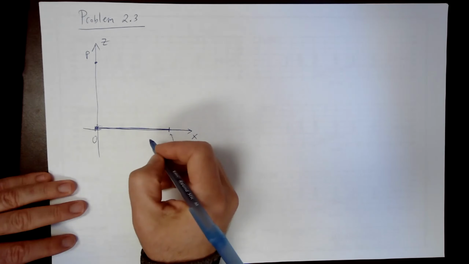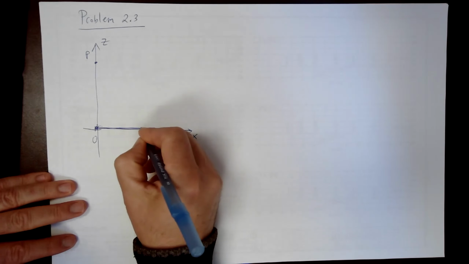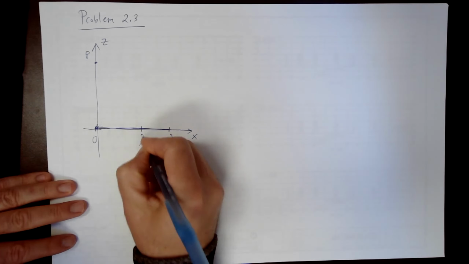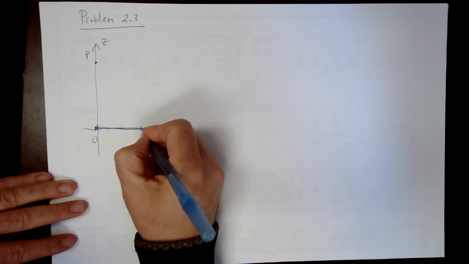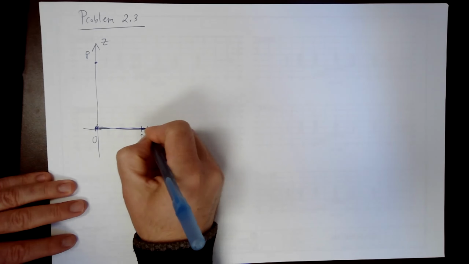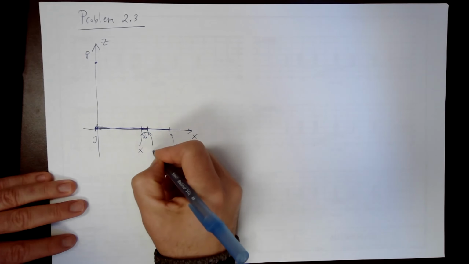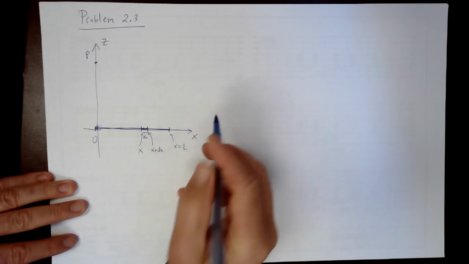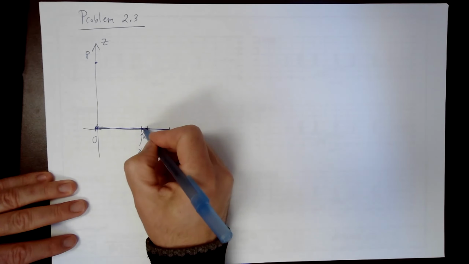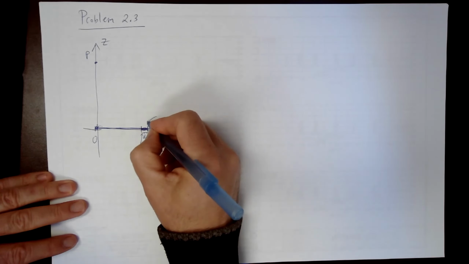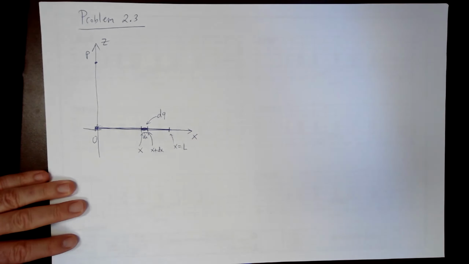To represent one of them, let's say at coordinate x, this is my coordinate x. I picked a tiny segment of length dx. So this is x plus dx, basically. And this has an infinitesimally small charge amount of dq.